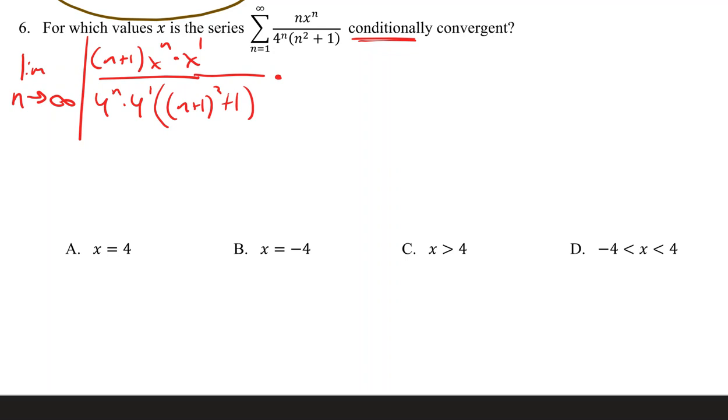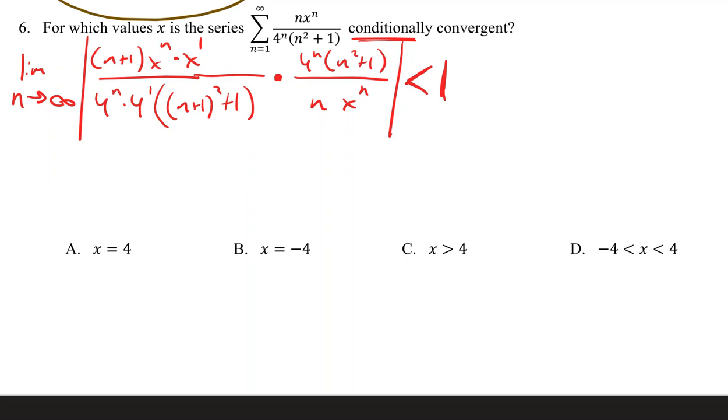Okay, so all of that would be a sub n plus 1. And then if I divide it by a sub n, or multiply by the reciprocal, well, if I want this to be absolutely convergent, I want to make sure that this is less than 1. That's what the ratio test tells me.